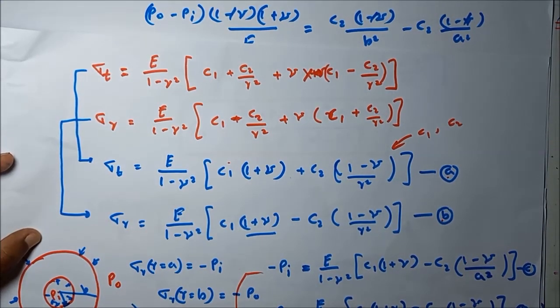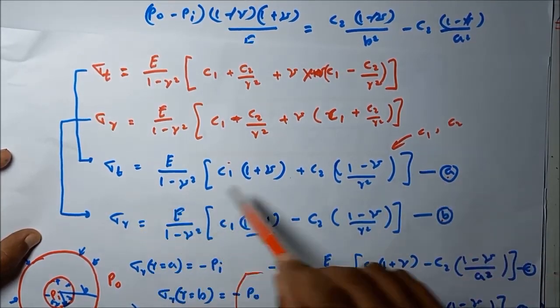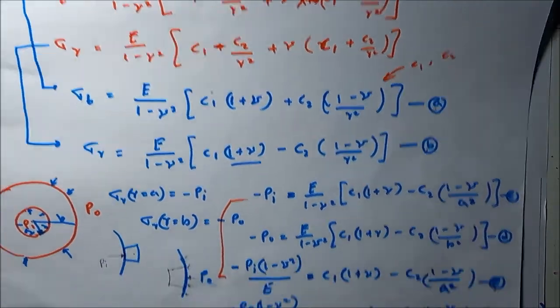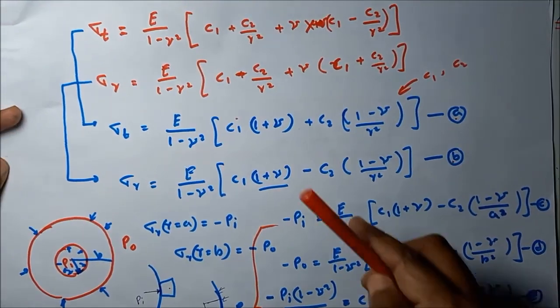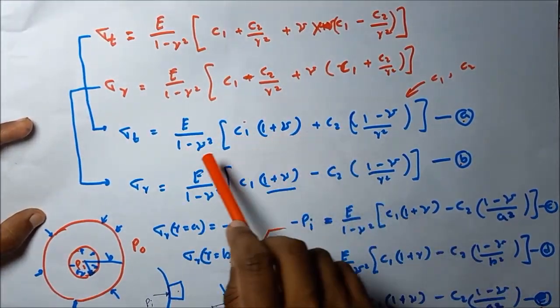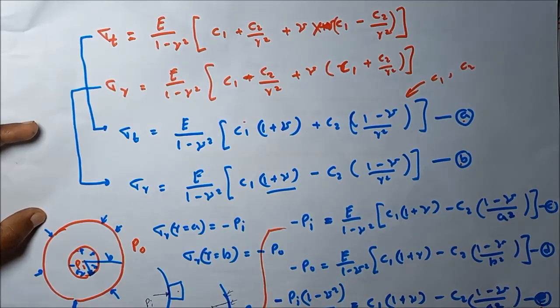Then we can obtain the equations for sigma t and sigma r. Let's see how to substitute c1 and c2 to obtain them.